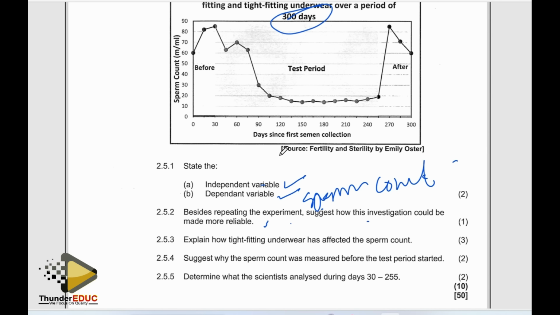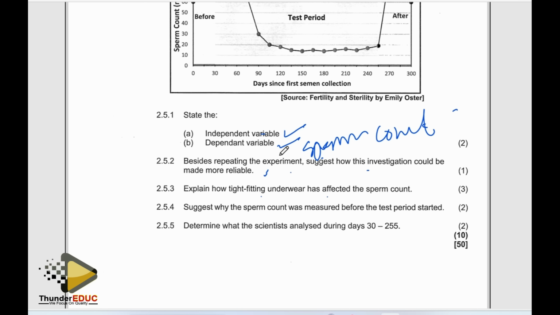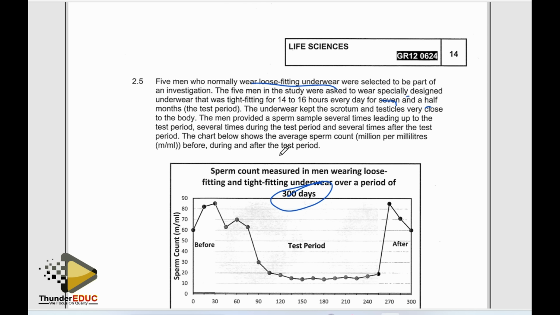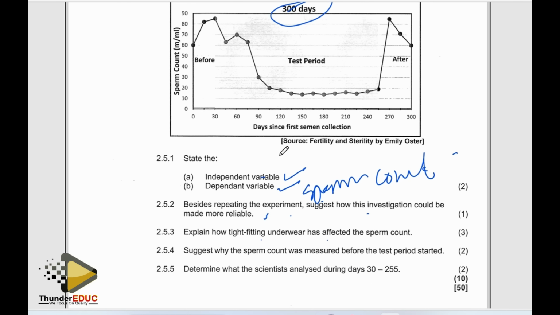Explain how fitting underwear has an effect on sperm count. If you are putting on tight underwear, we can say that it pushes. The underwear keeps the scrotum and the testicles very close to the body, and the body is hot.